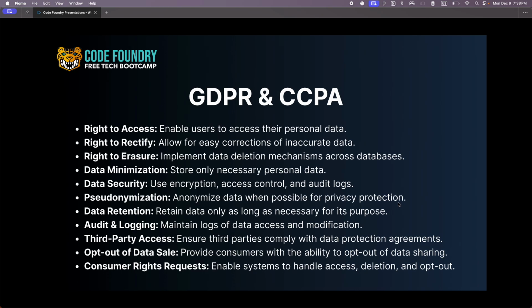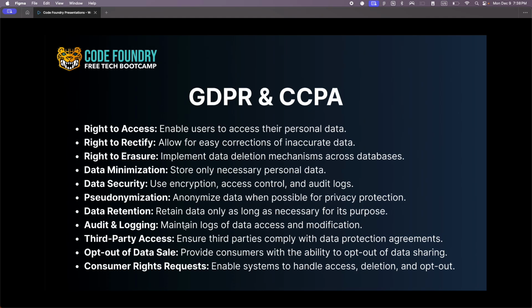So that's just using pseudonyms to generalize data. So instead of referencing users by their first and last name all throughout the database, assign them an ID, that kind of deal. Data retention, which is retaining data only as long as necessary.